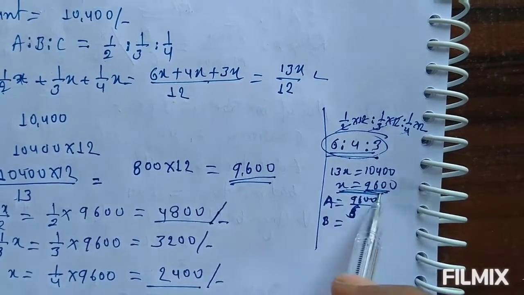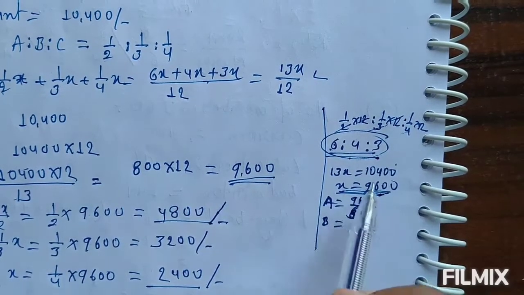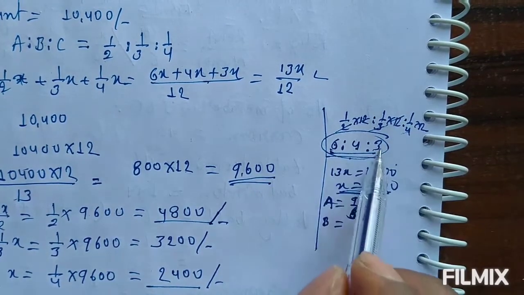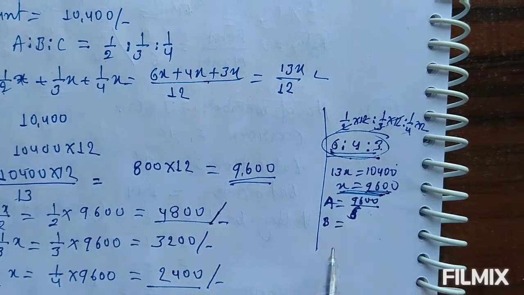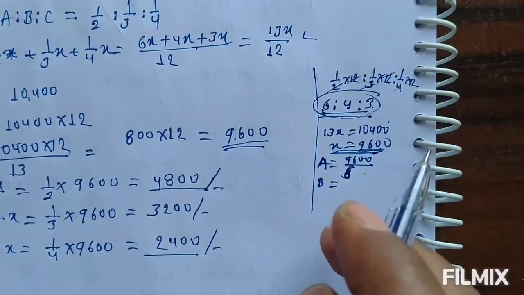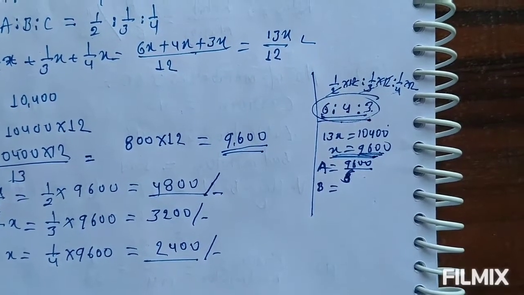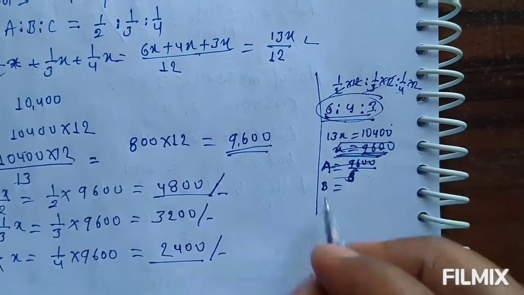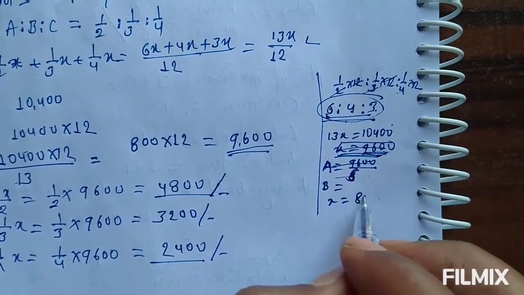This is the value of x. Then each part will be there. This is 6, 4, 3, 13. It will be 9,600 simply. X will be 800.